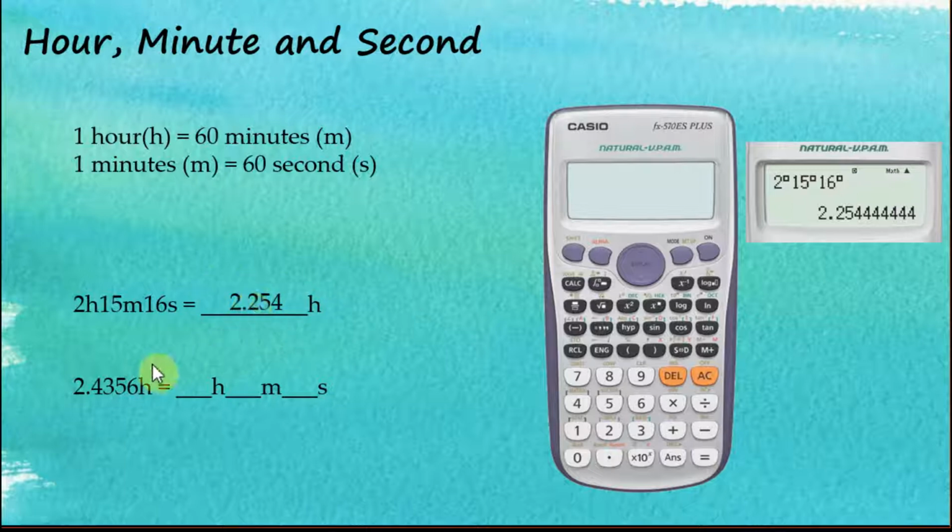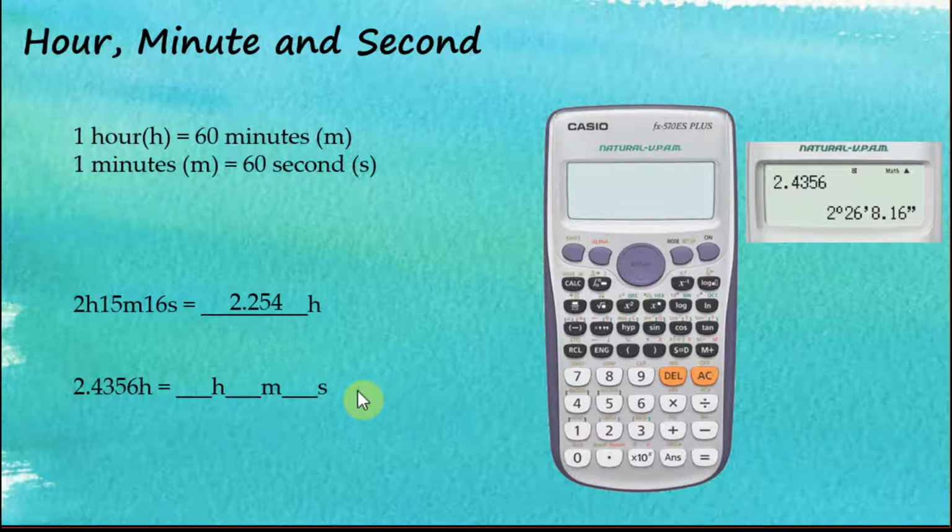And of course we can also change hours in decimal place to hours, minutes, and seconds. So let's clear the screens and key in this 2.4356 equal, and then okay, so this is equal to 2 hours, 26 minutes, 8.16 seconds.